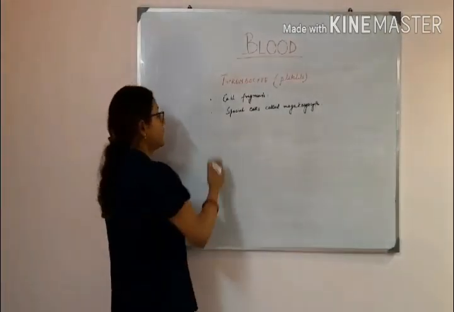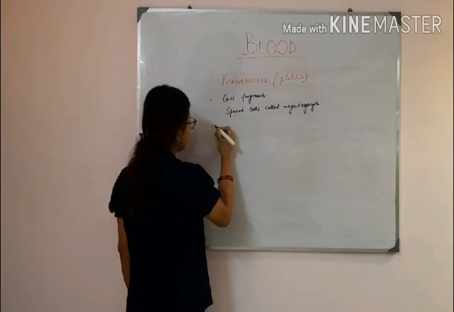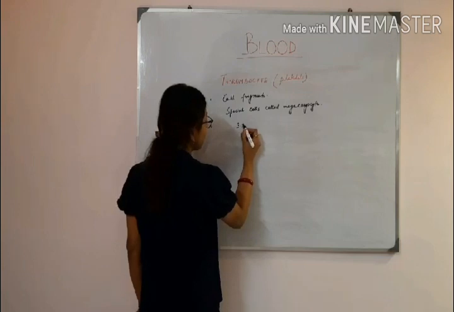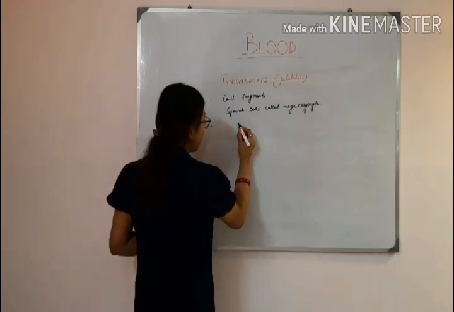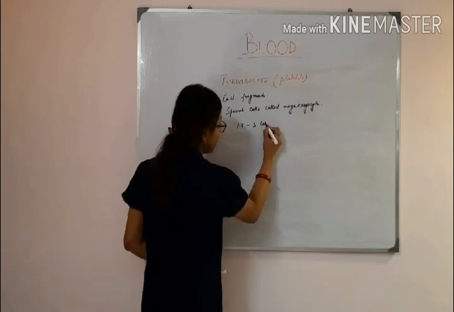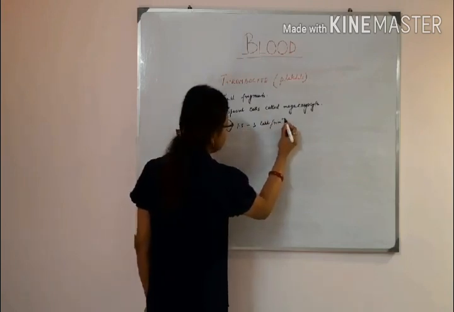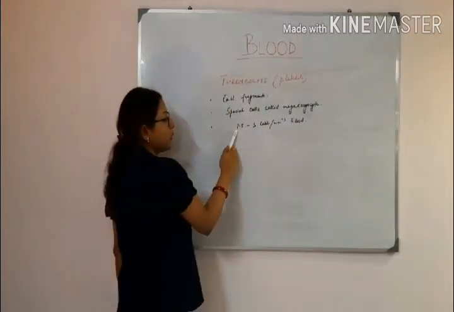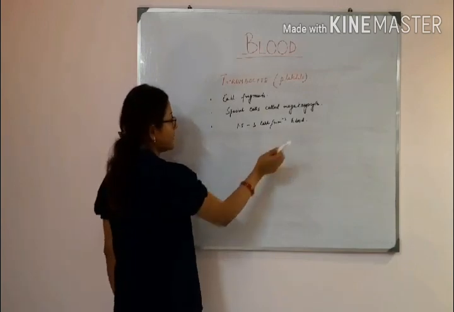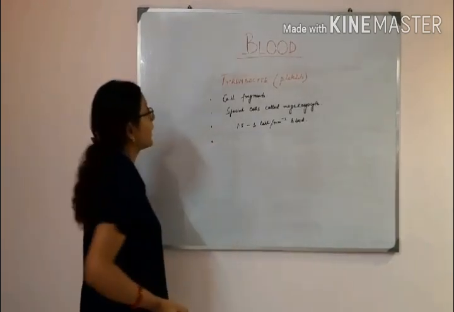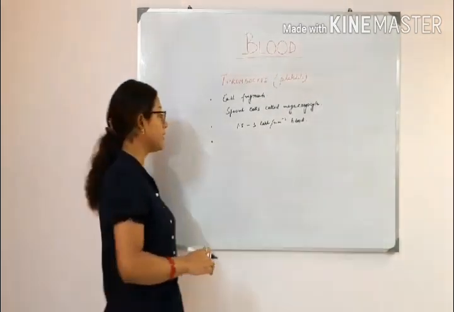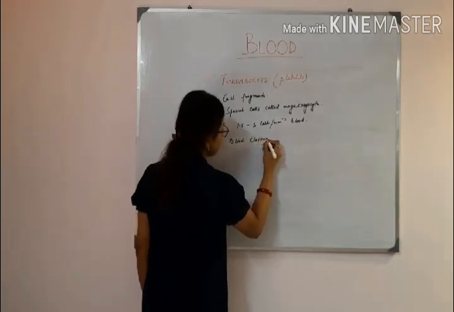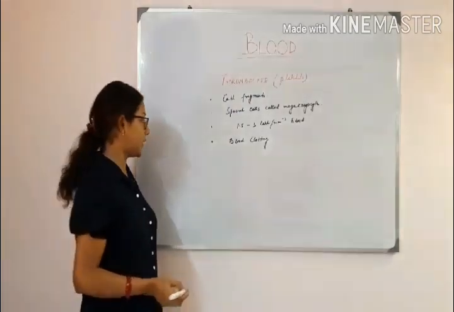Thrombocytes are present almost 1.5 to 3 lakhs per cubic millimeter of blood. Next, this thrombocyte mainly helps in blood clotting.